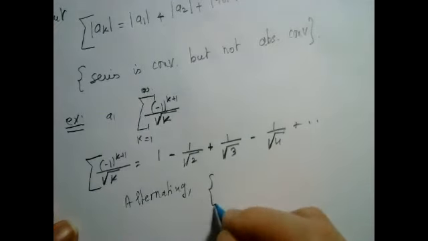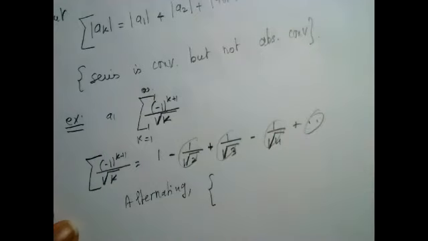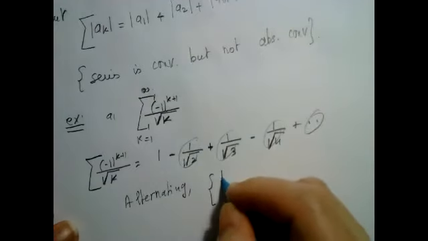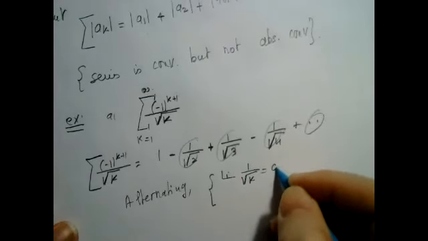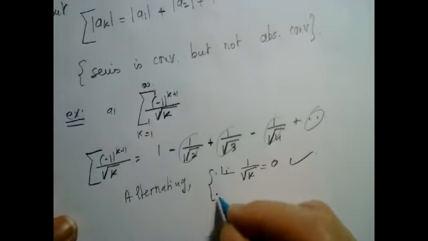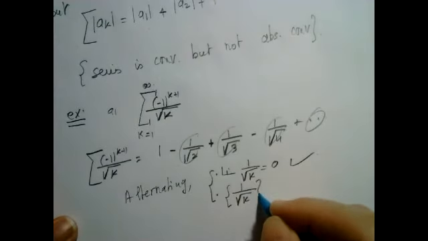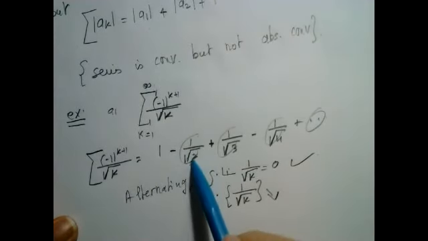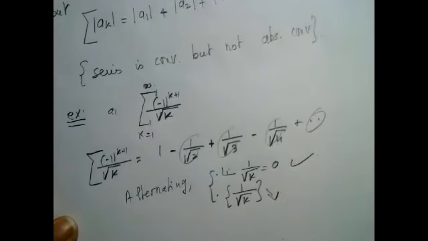So let us see here. The terms are 1 over square root of k. The limit of 1 over the square root of k is equal to 0. First condition satisfied. Second condition, the sequence is decreasing, because the denominator is increasing, so 1 over it is decreasing.